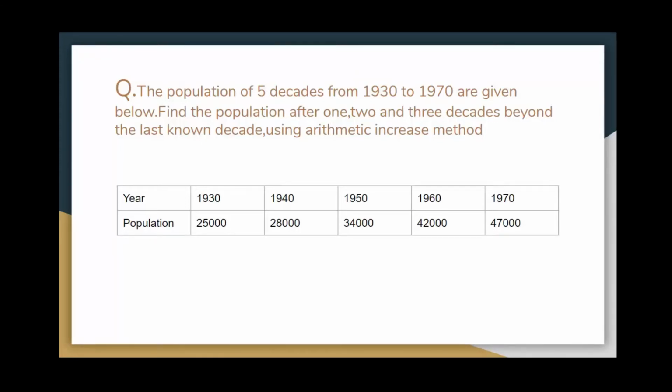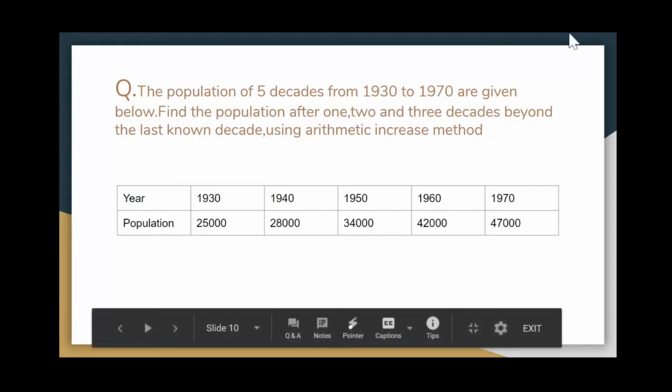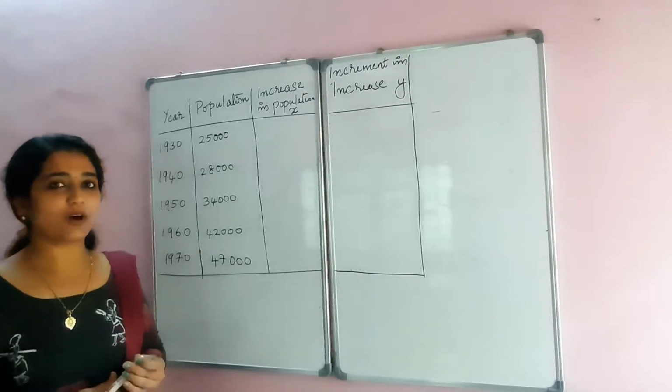Find the population after 1, 2 and 3 decades beyond the last known decade using the incremental increase method. The first 3 columns are the same: year, population, and increase in population. Then we are introducing the y bar column. Now we are going to solve the problem.